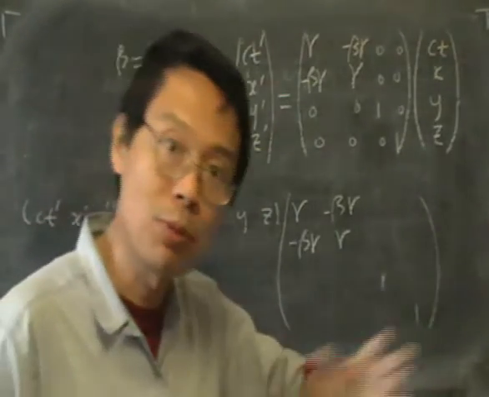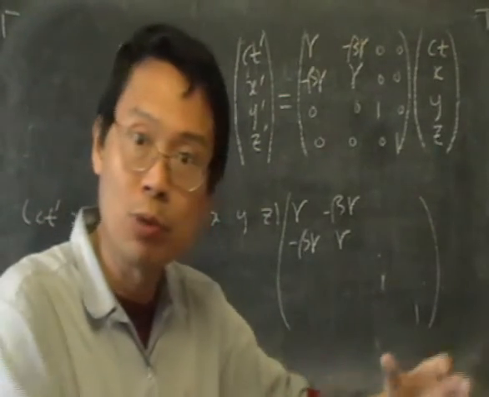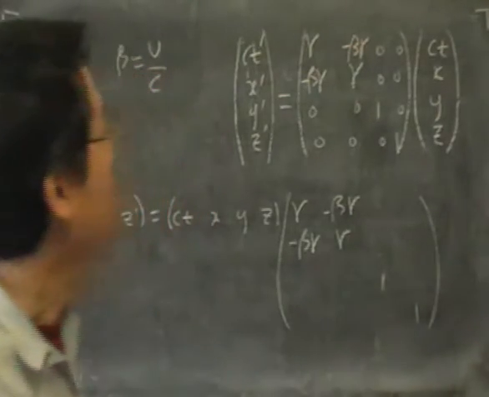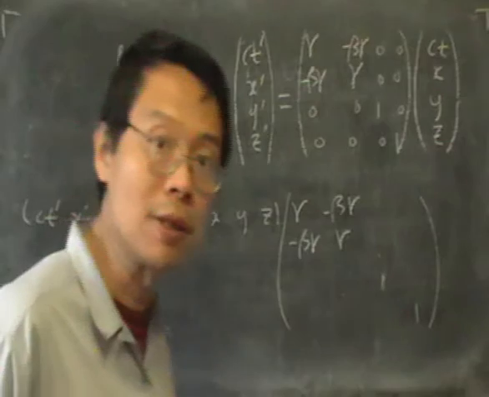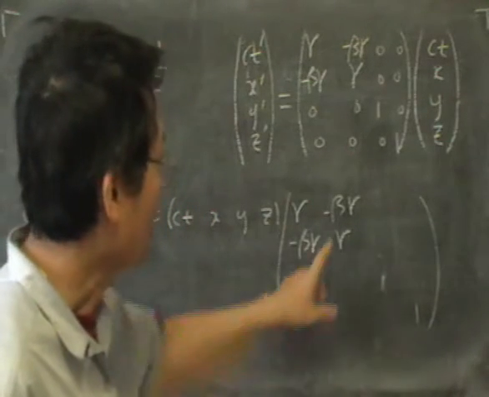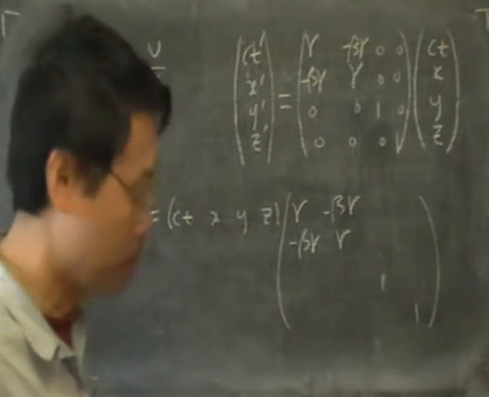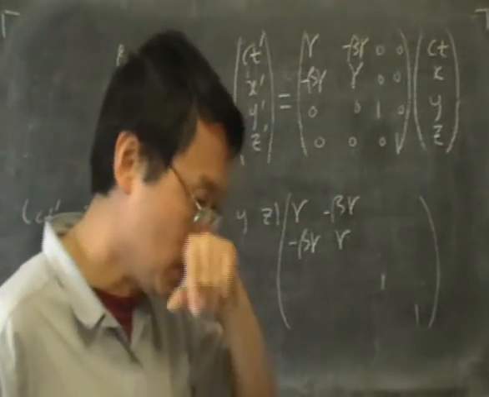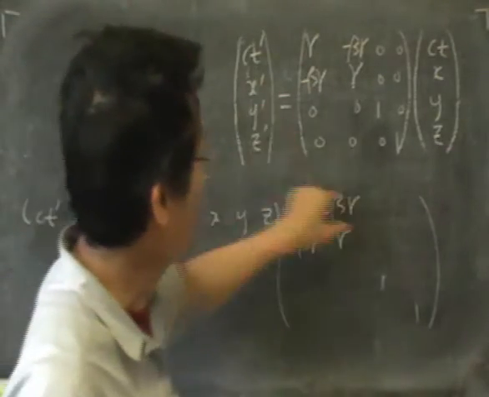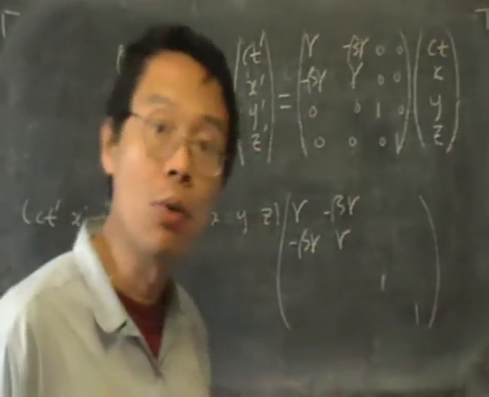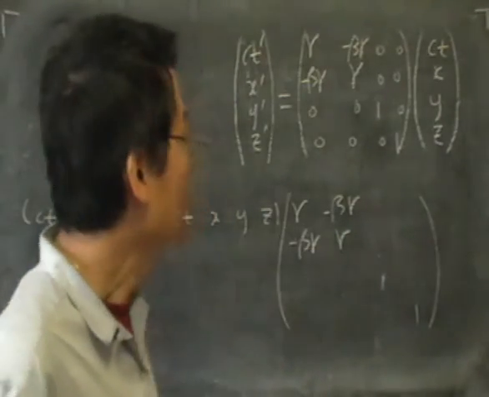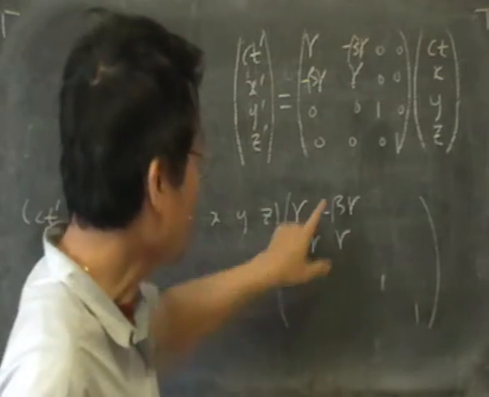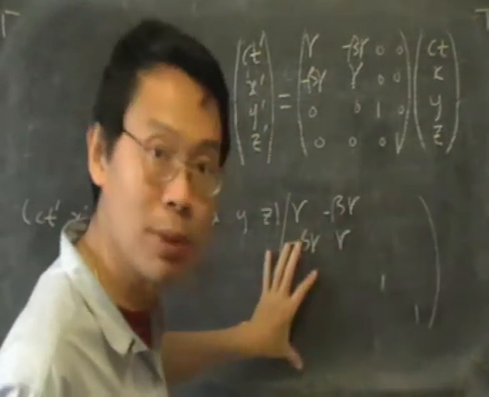Then relative to the moving frame, the first frame would be moving in the opposite direction, so I would have to change the sign of the velocity. What does that mean to the matrix? It means that I'm doing the opposite transformation, so if I change the sign, I get the inverse matrix.